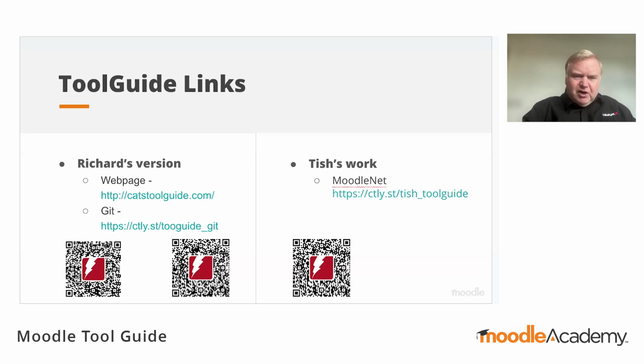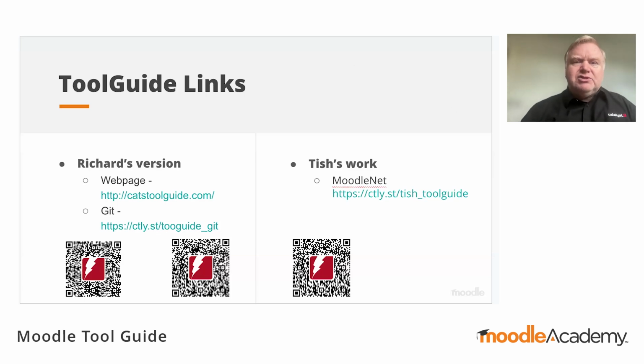But catstoolguide.com will get you to my tool page. It's an open source thing, as Joyce's original tool was. So it's available on Git as well. So you can download it and edit it and update it and add additional tools and things like that to it, which I'll show you in a second. And then Tish's link there, which she'll give you in her presentation as well.